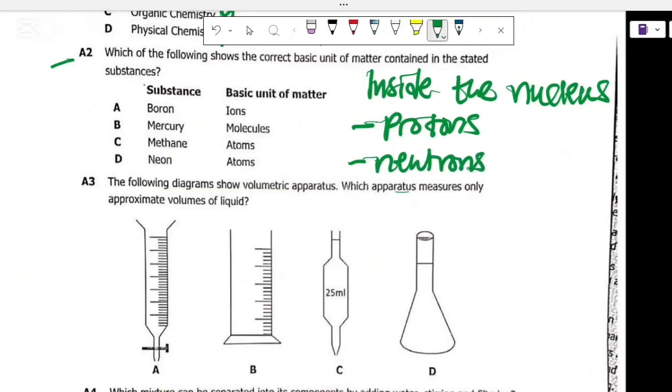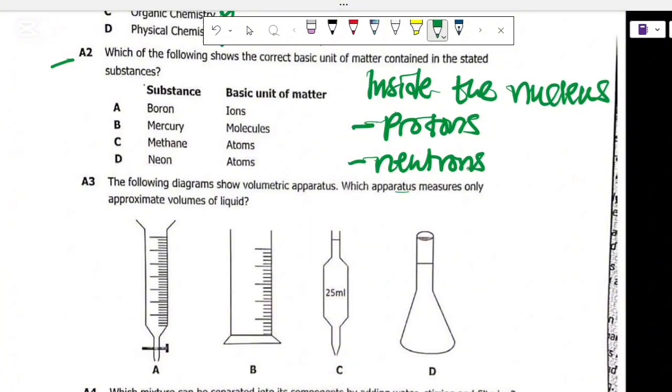So when you're describing an atom, understand that the atom is made up of a nucleus. This nucleus contains these first two parts or particles of an atom. Protons and neutrons are inside the nucleus of an atom. Now remember that protons are positively charged particles.